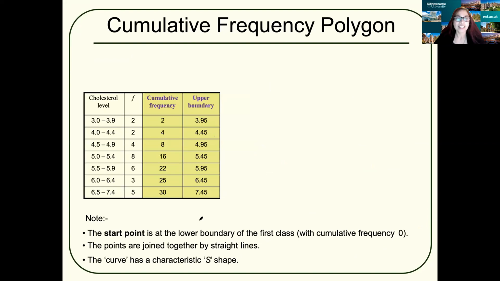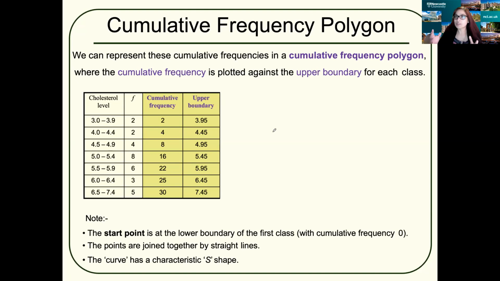Now let's see how a cumulative frequency polygon will look. We can represent the cumulative frequencies in a cumulative frequency polygon where the cumulative frequency is plotted against the upper boundary for each class. On the y-axis, you have cumulative frequency.